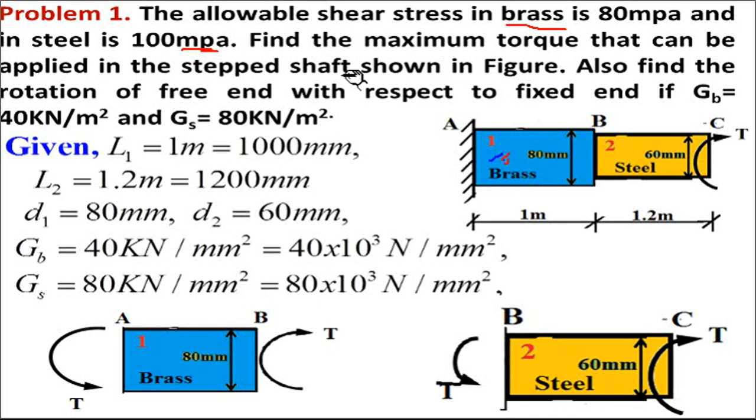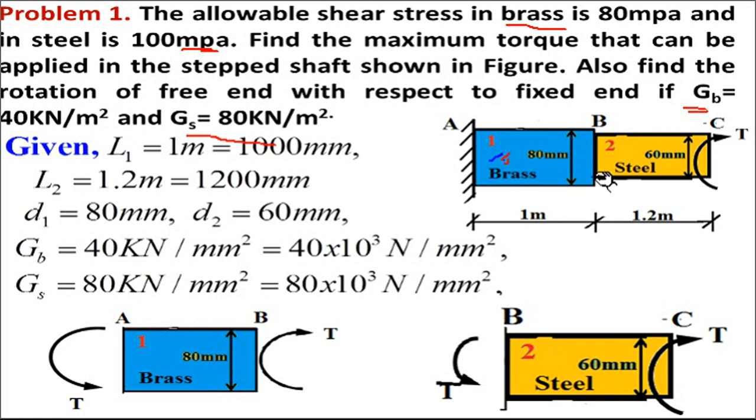Find the maximum torque that can be applied on the step shaft shown in the figure. Also find the rotation at the free end with respect to the fixed end if GB, the modulus of rigidity of brass, is 40 kilonewton per meter square and GS is 80 kilonewton per meter square.